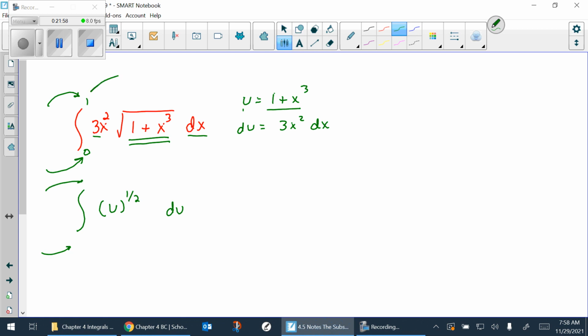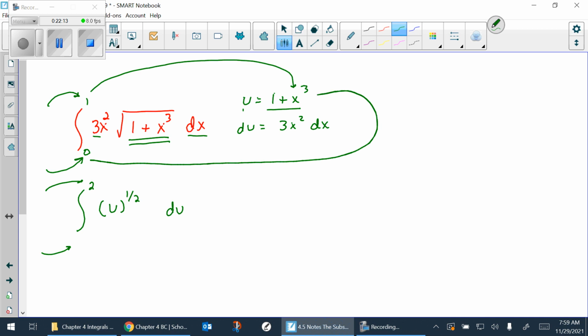Now, if x is a 1, what have you got here? 1 plus 1 cubed, that's a 2. If x was a 0, what is the resulting u value? Well, 1 plus 0 squared. So when you change variables, you have to change your limits.